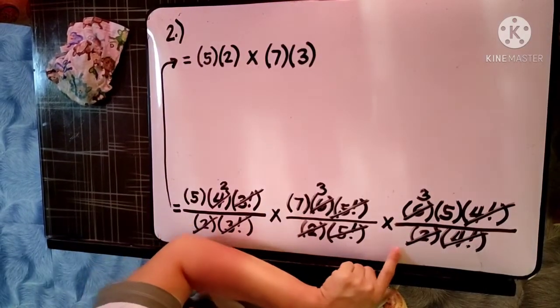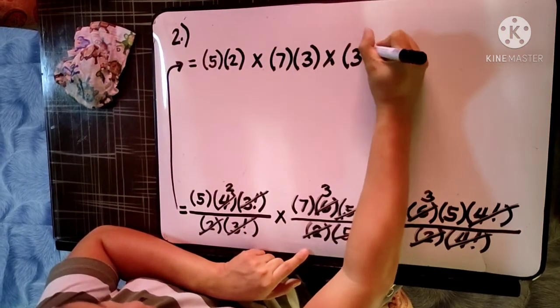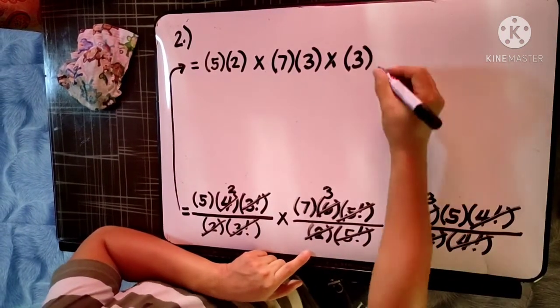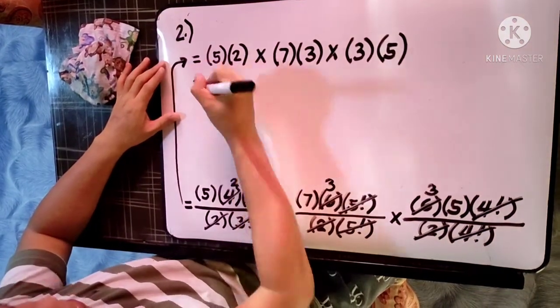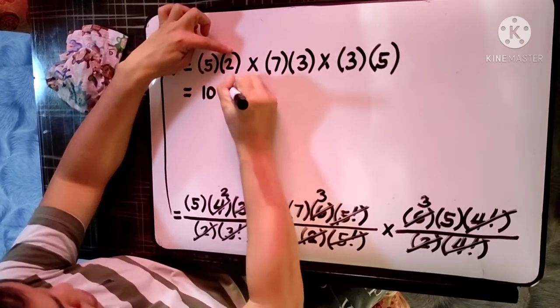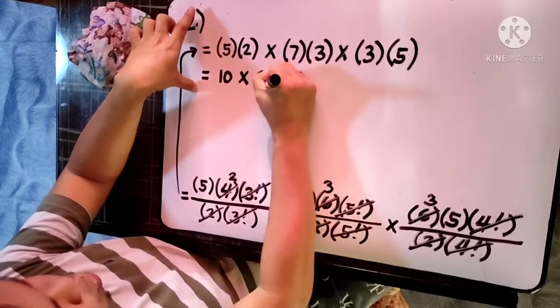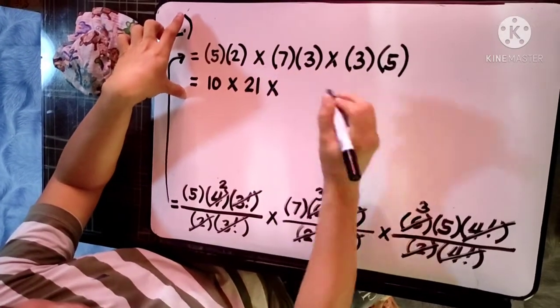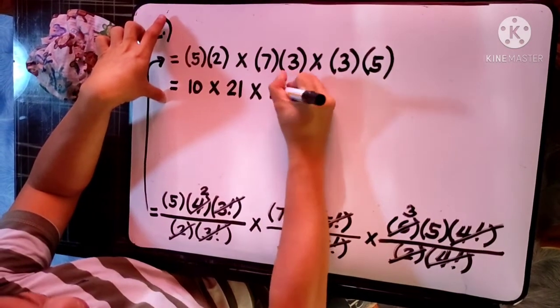And on the third combination, you have 3 times 5. Now you proceed to multiplication. 5 times 2 is 10, times 7 times 3 is 21, times 3 times 5 is 15.